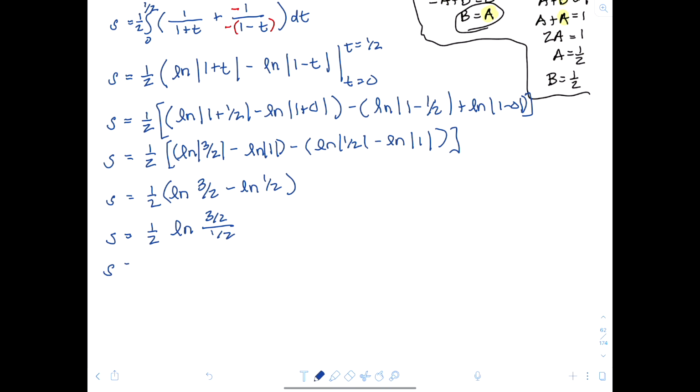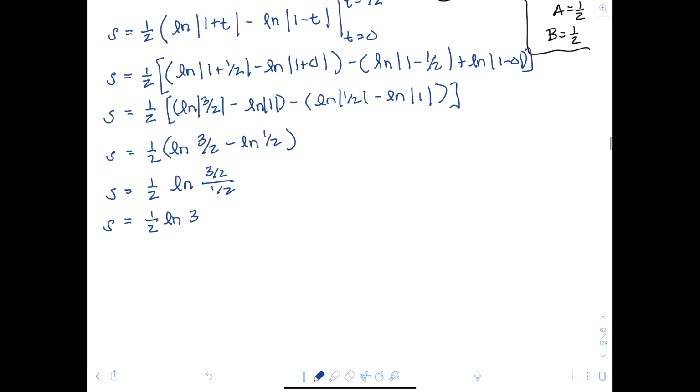And I dropped the absolute value because we have a positive number. So, making this pretty, we will have natural log root 3 units. So that'll be in linear units. Right? Cool, cool? All right, so that is just a little bit over 1.7-ish, the arc length of that curve.